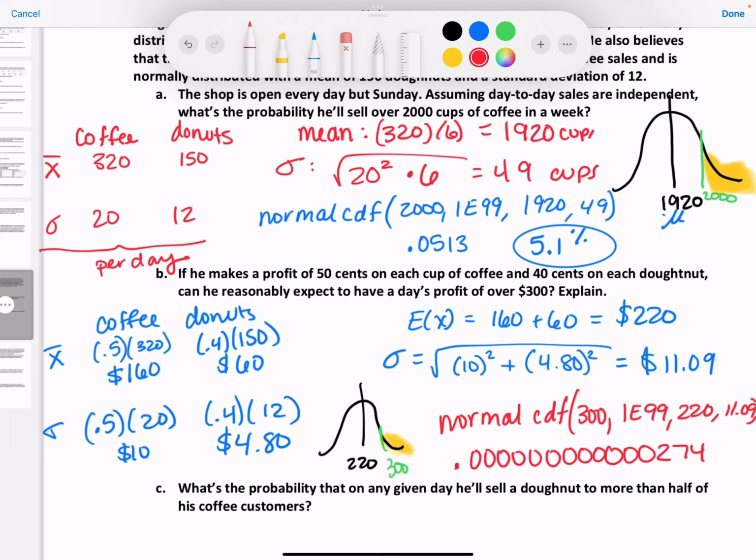So this basically means there's a 0% chance that he makes that much, so it's very unlikely. It's 12 zeros and then a 2.